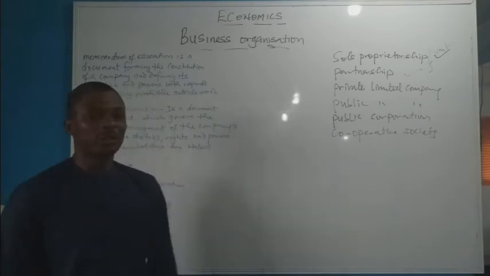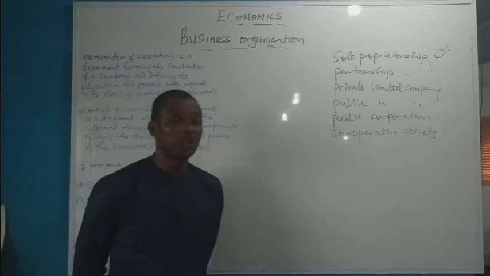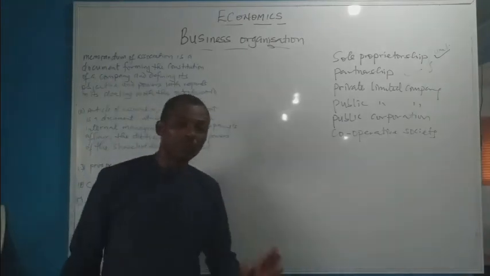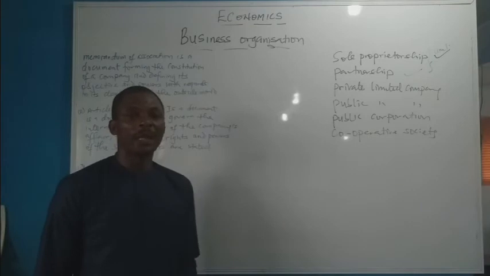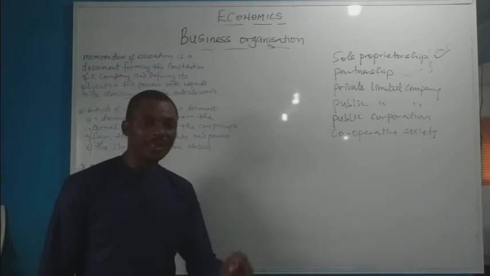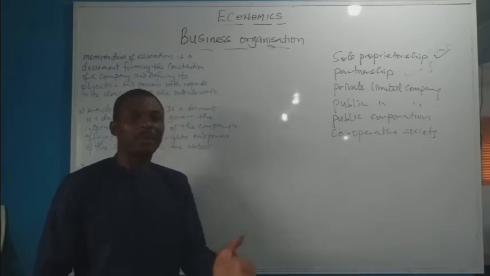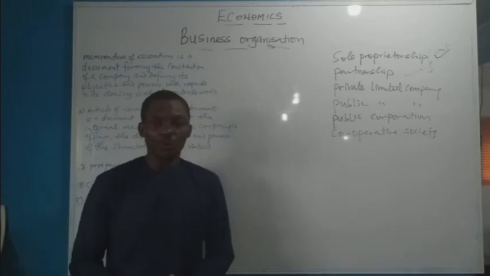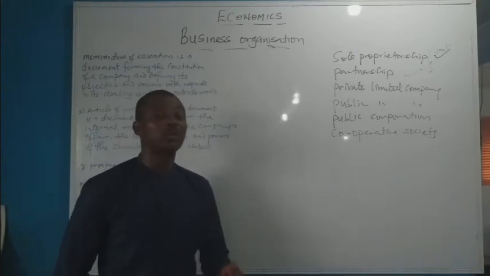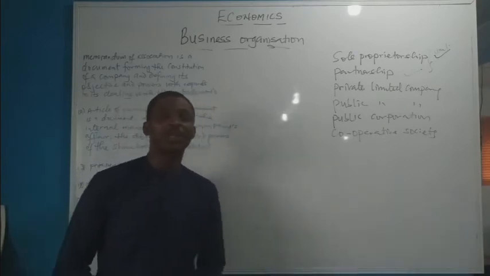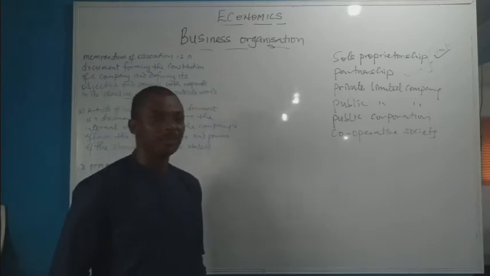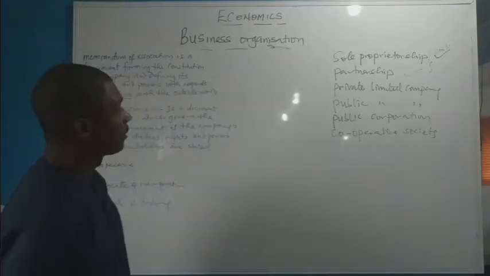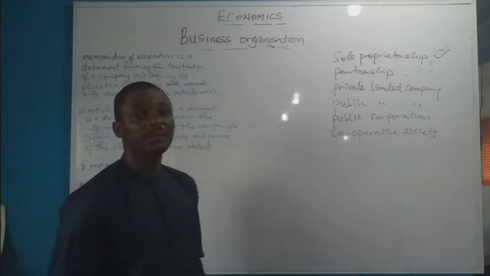So if there's any loss in the business, what they will lose is the amount that they have contributed to the business. That's why it's referred to as a limited liability company, unlike the sole proprietorship and the partnership business.